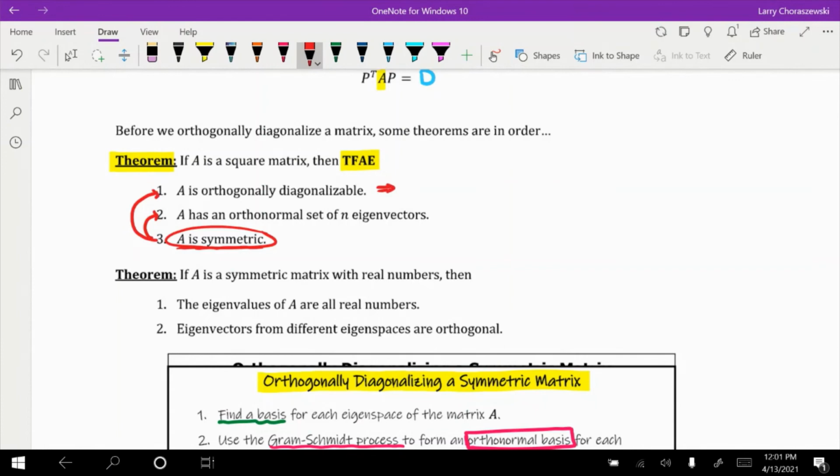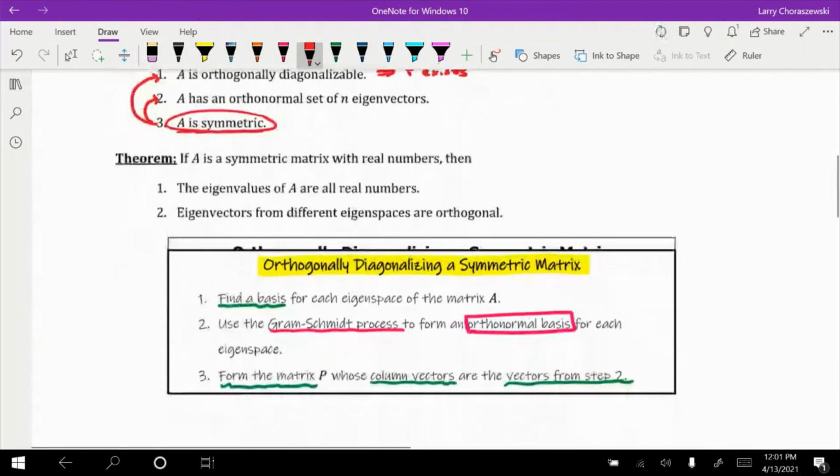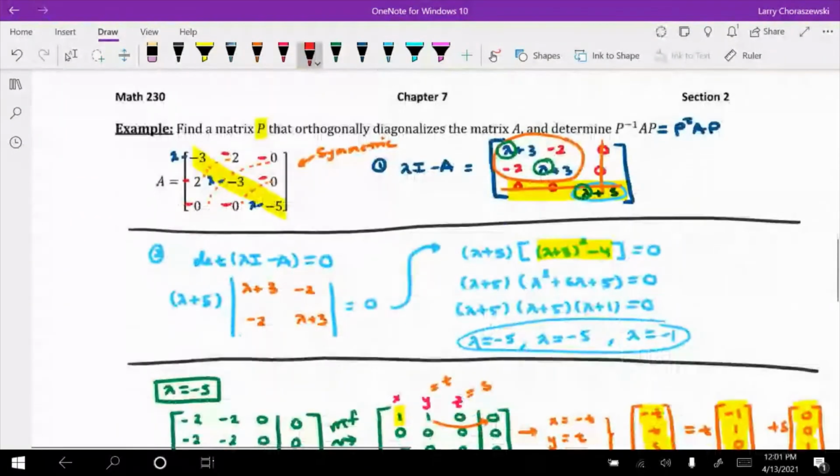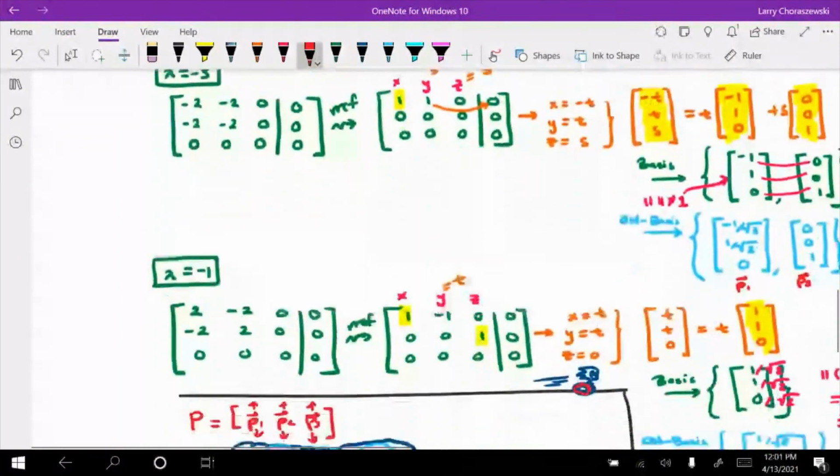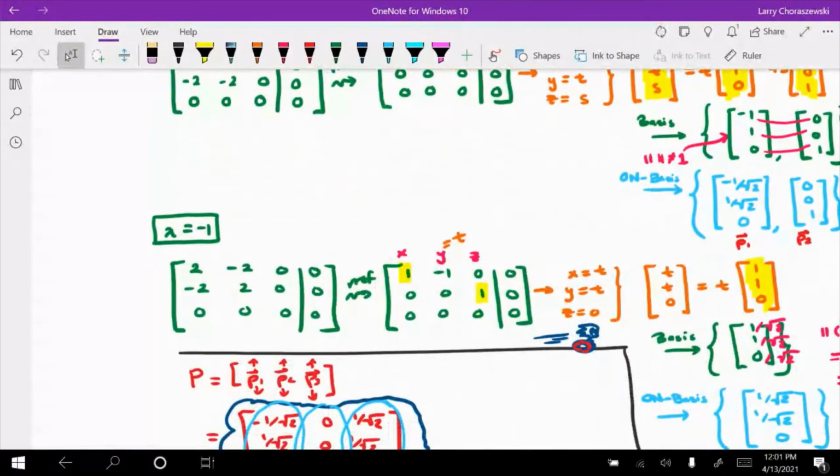Okay, which basically means that the matrix P exists. And going back to our example, we do have a symmetric matrix, and we were able to construct eigenvectors that were orthonormal to each other.